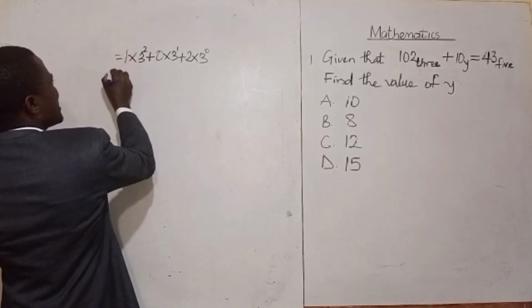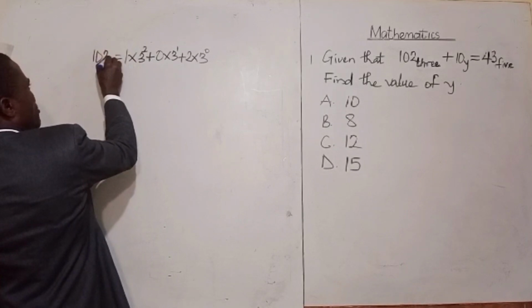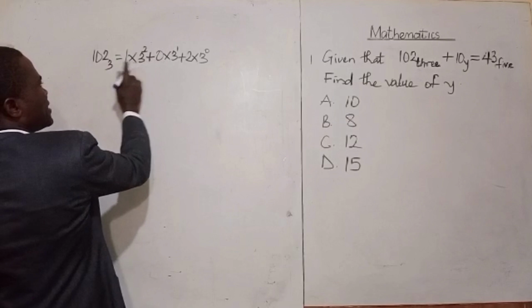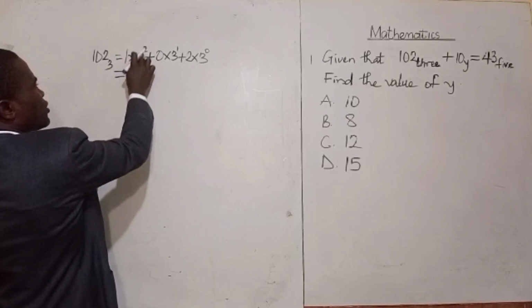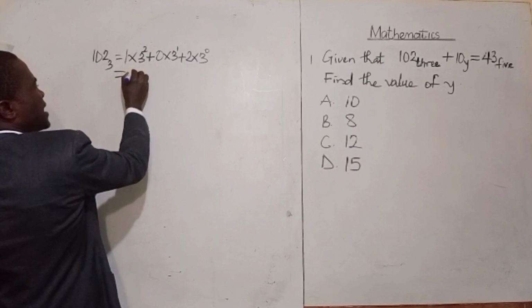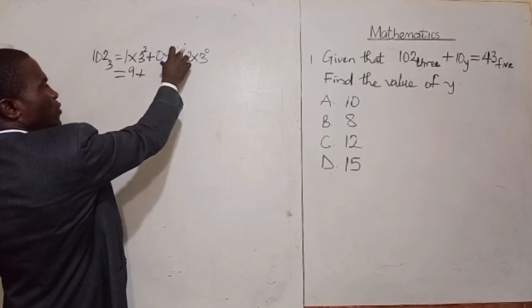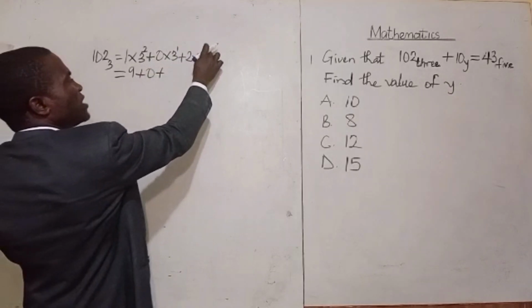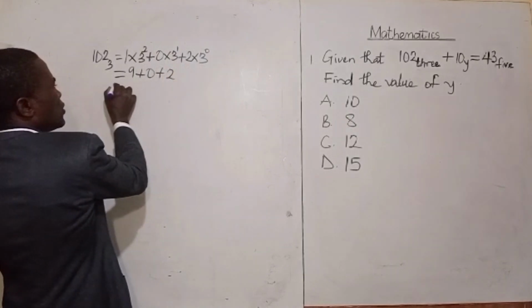So we now proceed and say this is 102 base 3, which is now to be converted to base 10. This is the process of conversion to base 10. 3 raised to power 2 is 9. 9 times 1, that is 9. Plus 3 raised to power 1 is 3, 3 times 0, that's 0. Plus 3 raised to power 0 is 1, 1 times 2, and that is 2.